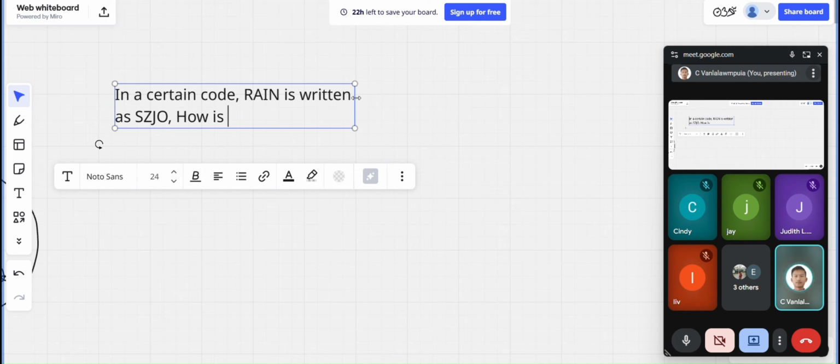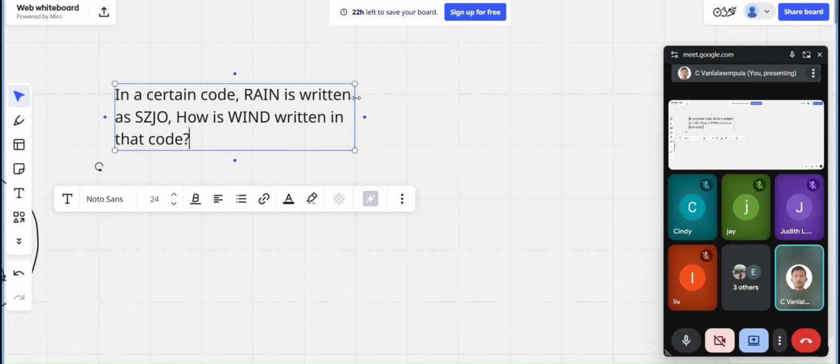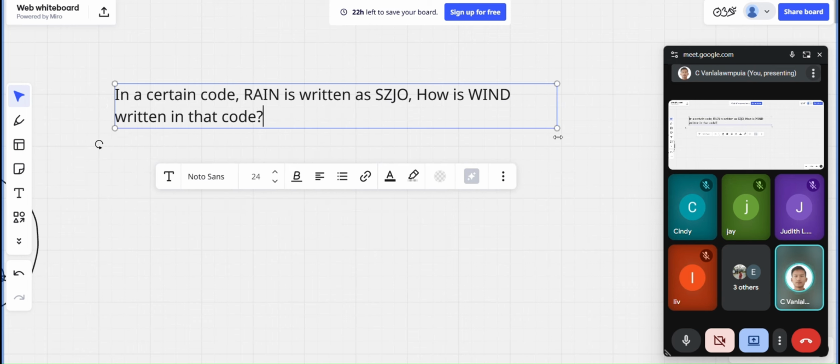How is wind written in that code? Just try quickly, in 20 seconds.